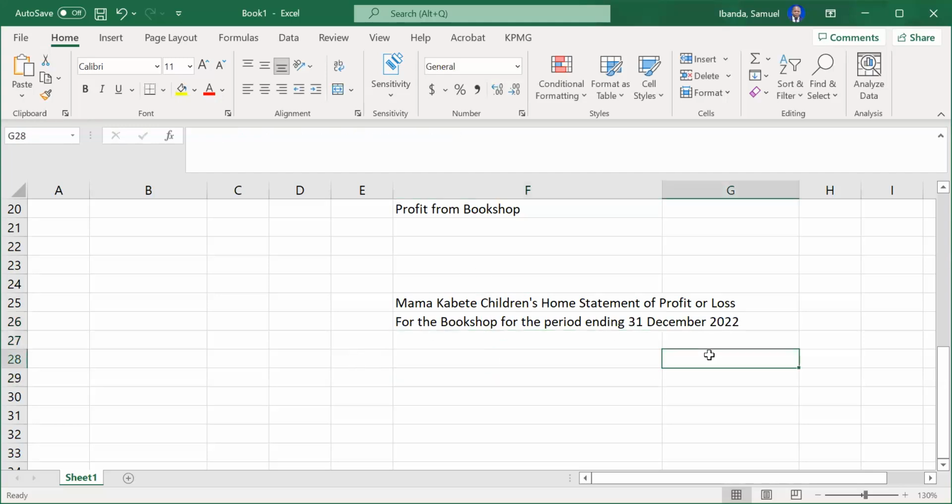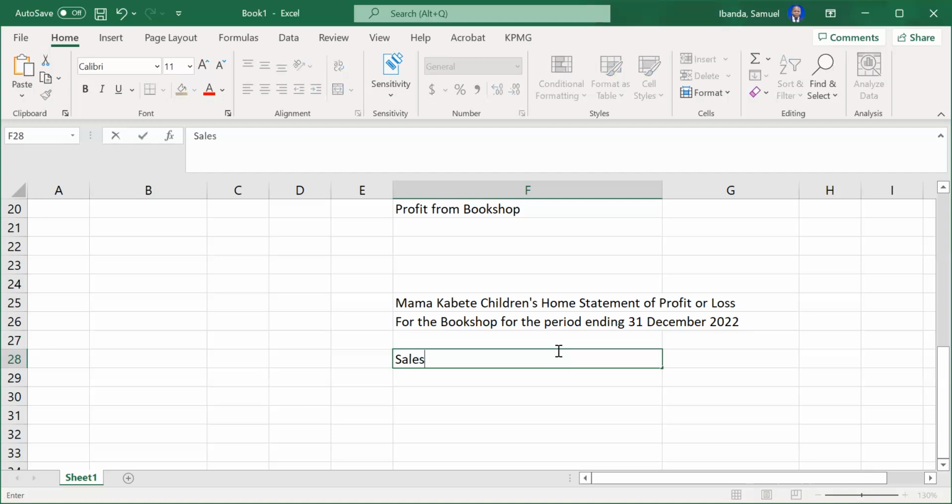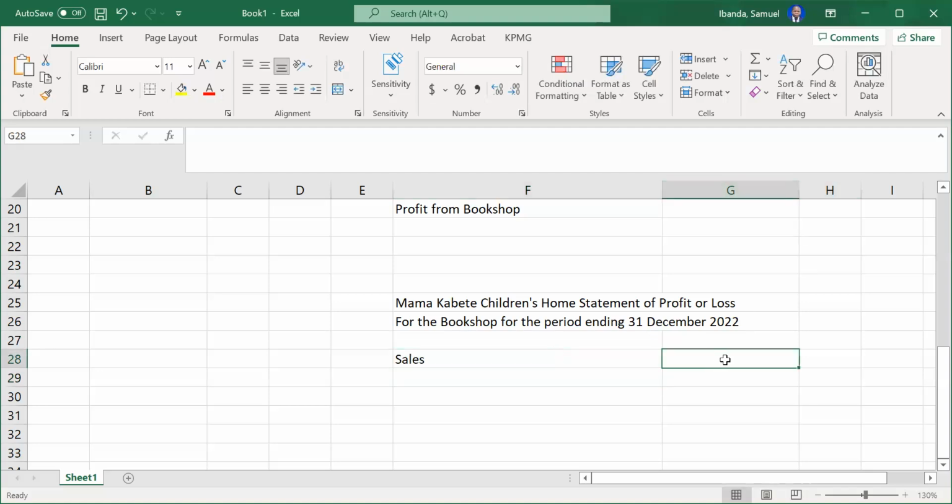Now, of course, we know that whenever you're preparing your statement of profit and loss for a trading business, which is the bookshop, we usually start with our sales. Okay? We usually start with our sales. I'm going to put my amounts. I'll just leverage on what I have here.